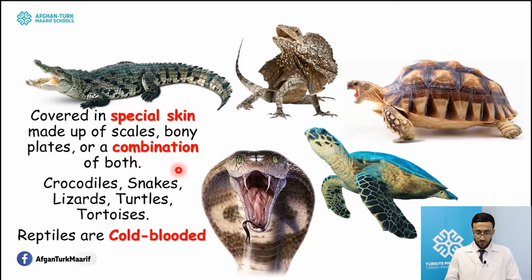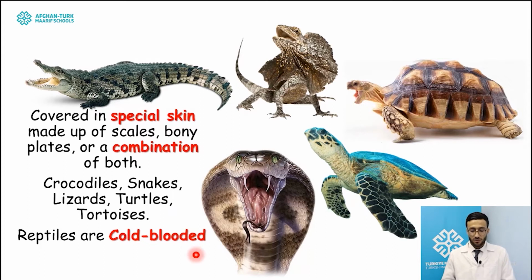Example animals are crocodiles, snakes, lizards, turtles, or the turtles that live in the aquatic environment that we call tortoises. Mainly, reptiles are called cold-blooded animals because they cannot maintain their metabolism in order to produce heat or thermal energy during their feeding. So we call them cold-blooded animals.